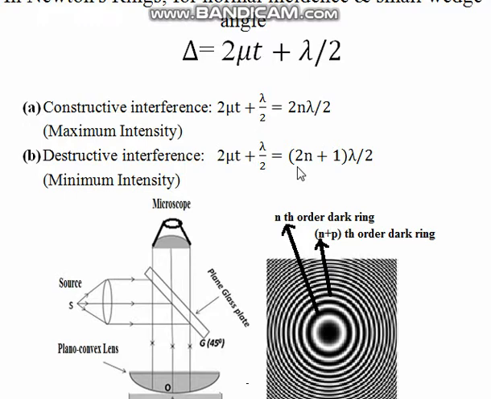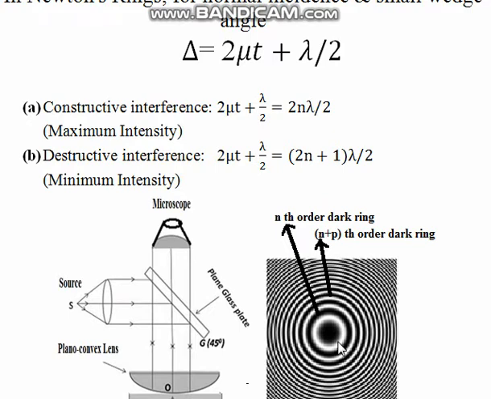Points on the plane surface of the plano-convex lens that satisfy the first condition appear bright, and points that satisfy the second condition appear dark. In this way we obtain the interference pattern in the form of rings.